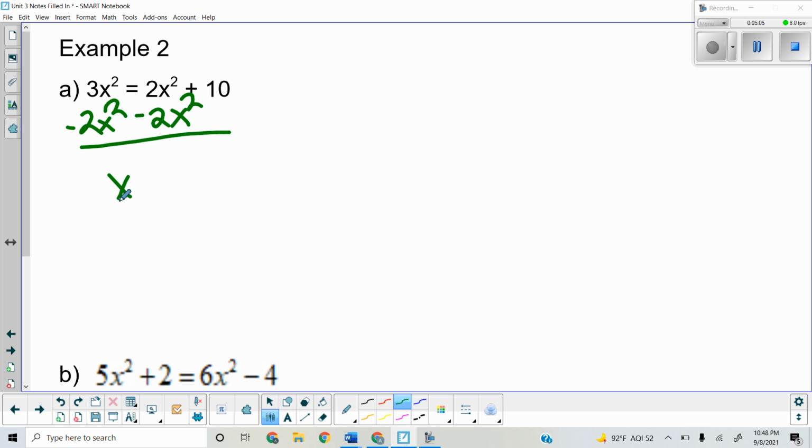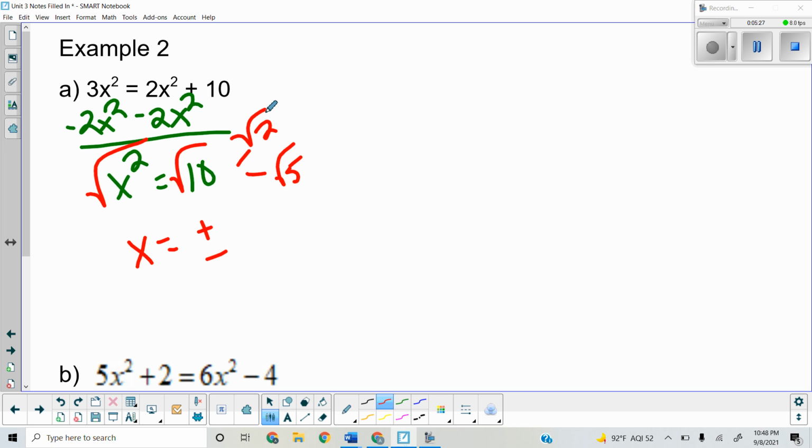So then we get x squared equals 10. Take the square root, x equals positive, negative. Now 10 only factors to 2 and 5. Neither of those are perfect squares, so we just leave our answer as positive and negative square root of 10.